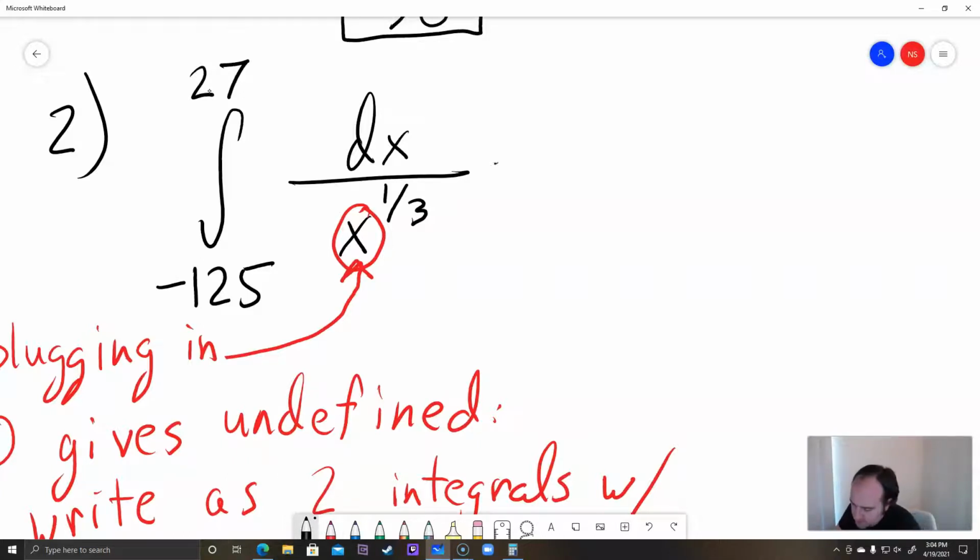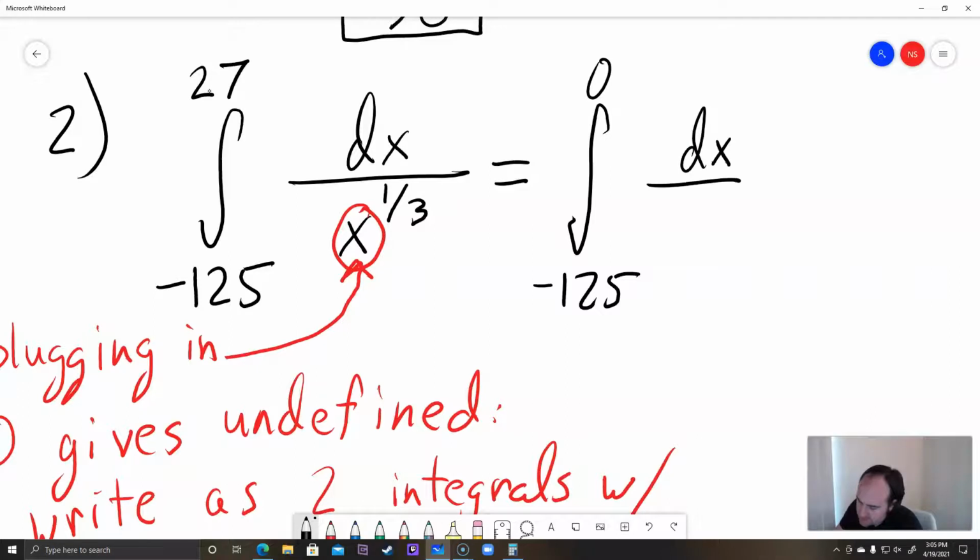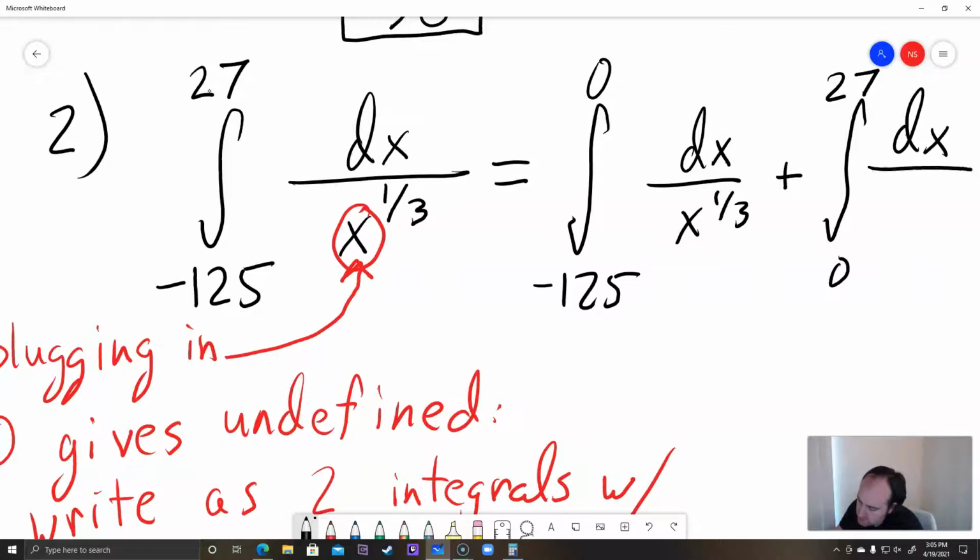So we can rewrite this as the integral from negative 125 to 0 of dx over x to the 1/3, plus the integral from 0 to 27 of dx over x to the 1/3. And remember, that's one of the rules of definite integrals.